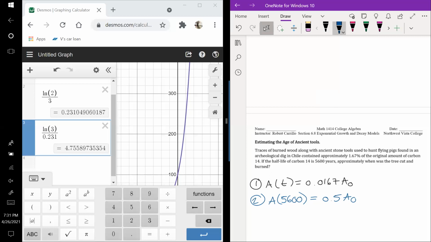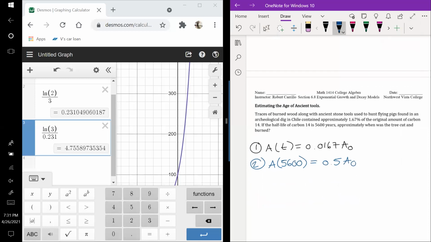Okay, so this means that we are using, of course, this formula. A of t equals A initial times e to the kt. And the first thing we need to do is solve for k. And that's gonna be a common theme in most of these problems. You're gonna have to find k first based on the clues given. So we are gonna use clue number 2 to help us find k, because in clue number 2, they're giving us an actual unit of time.